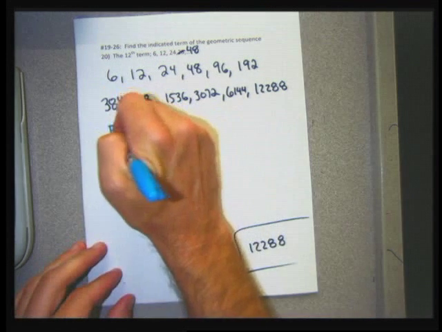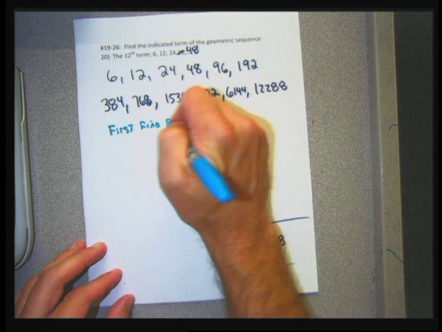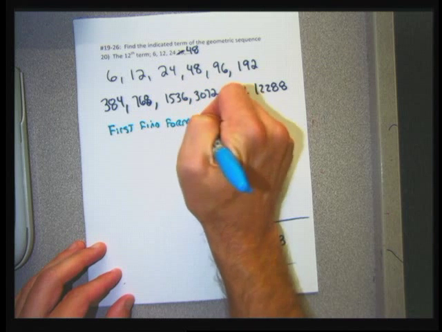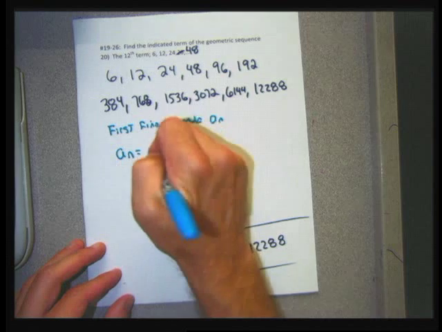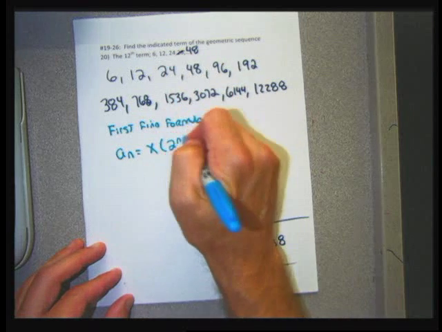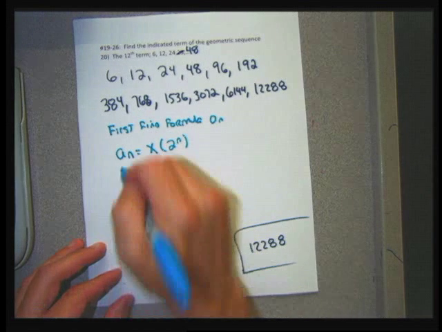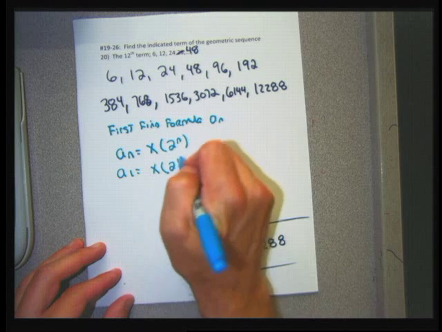So first, find a formula for a sub n. I'm going to use a sub n equals x times 2 to the n, because each term is a multiple of 2 apart. Then I'm going to go a sub 1 equals x times 2 to the first power.